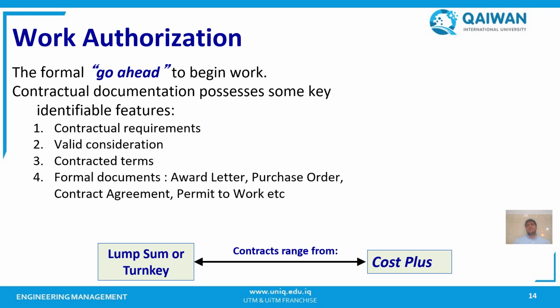Work authorization is typically issued through various formal documents such as award letter, purchase order, contract agreement, and permit to work document. This depends on the nature of the project or organization.